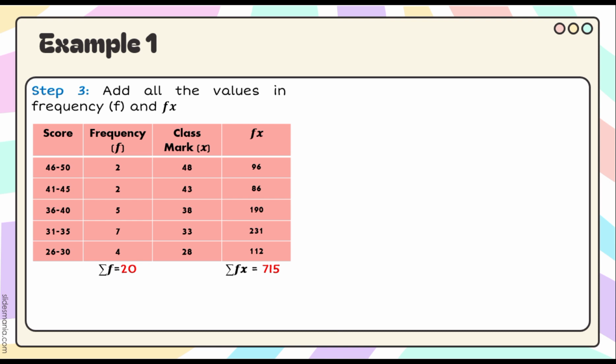So our summation of f is equal to 20 and summation of f of x is equal to 715. Step 4, we have to solve for the mean, applying the formula that I introduced earlier. Mean is equal to summation of f of x divided by summation of f, the frequency.